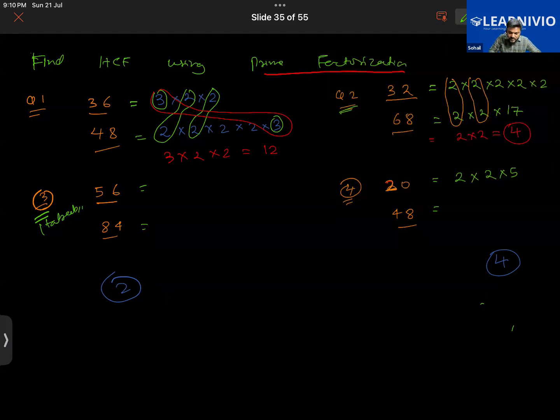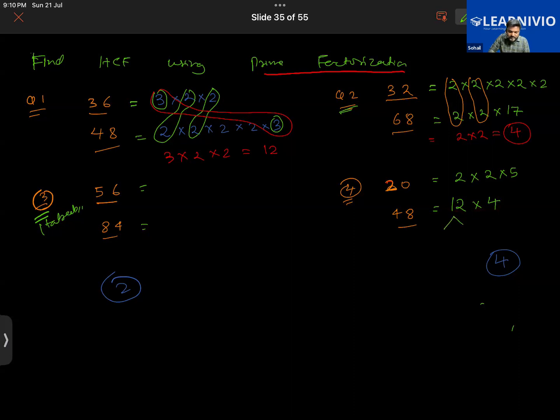Now 48, how can you simply write it down, without worrying about prime numbers? 12 fours are 48, so you can simply write this as 12 times 4. But none of them are prime numbers, neither 12 nor 4.